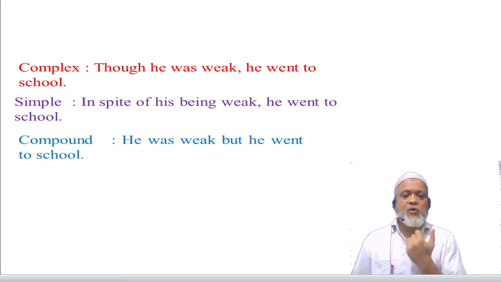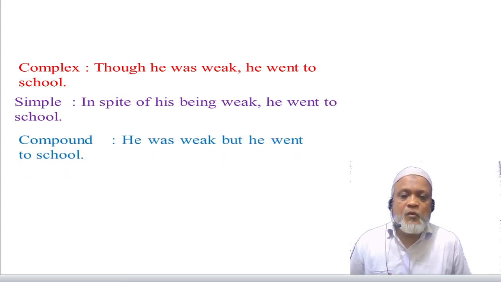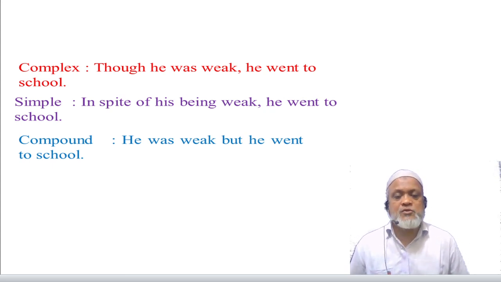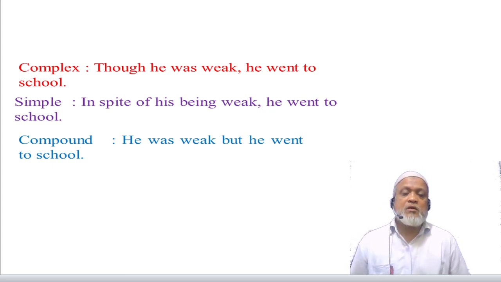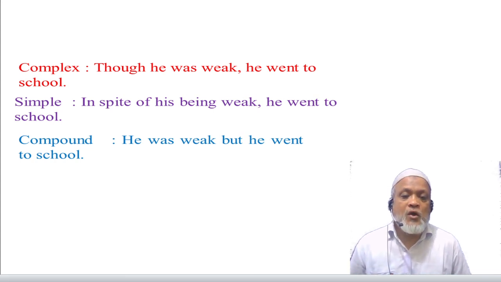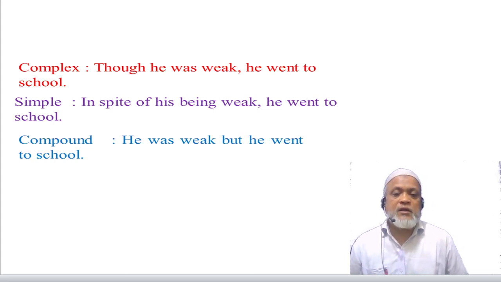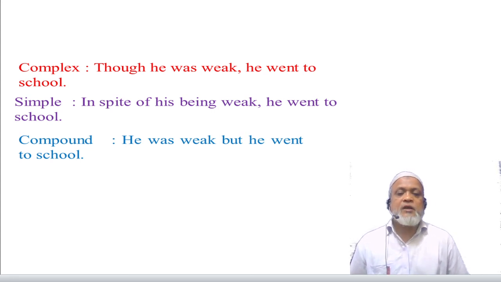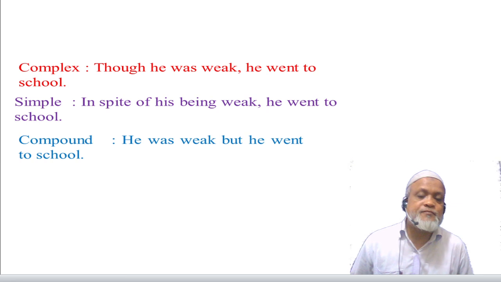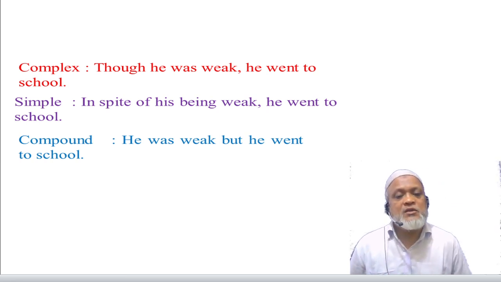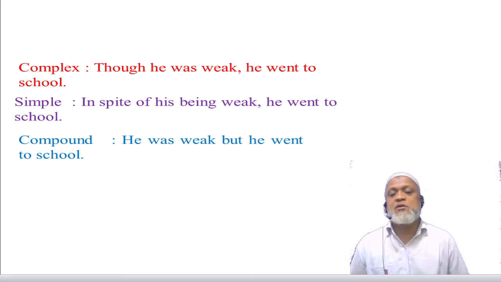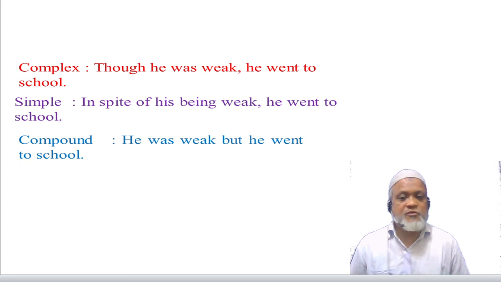And compound: he was weak but he went to school. Here a coordinating conjunction is important, and two clauses are joined by the coordinating conjunction but, and though is removed from here.